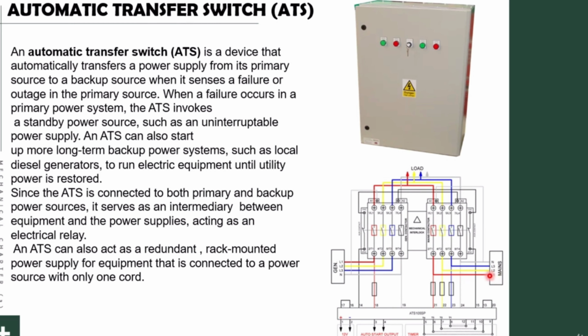If the electricity shuts down from the main supply, the load will transfer automatically to the generator, and the ATS will give a signal for the generator to run to bring the power for the load.